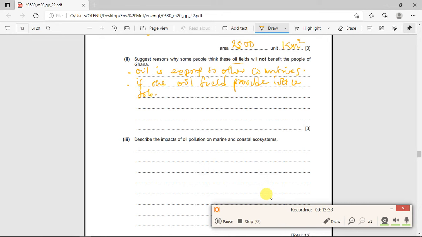Another aspect you can look at is that since it's an offshore oil field, it can lead to the possibility of oil spill, which will affect the environment. They can also look at the aspect that since it's offshore, it could affect the fishing industry.